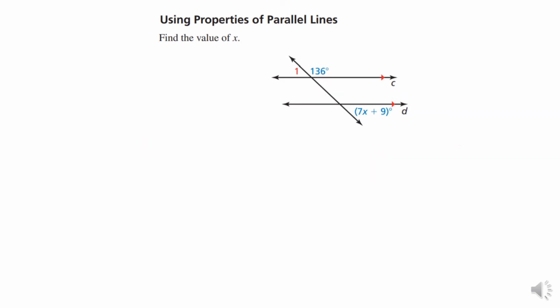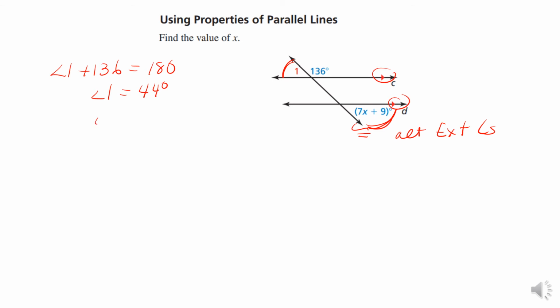Okay, so I know that angle 1 is supplementary to angle 136, so I'm going to use the linear pair postulate, and I go angle 1 plus 136 equals 180. So angle 1 equals 44 degrees. Now, angle 1 and this angle down here are alternate exterior angles, which means they are congruent because these are parallel.